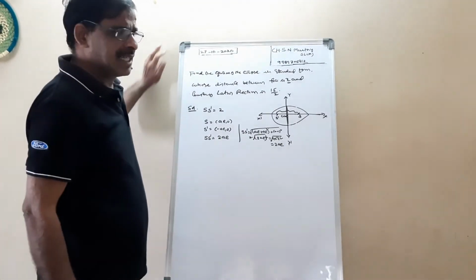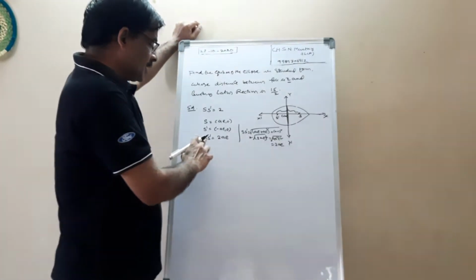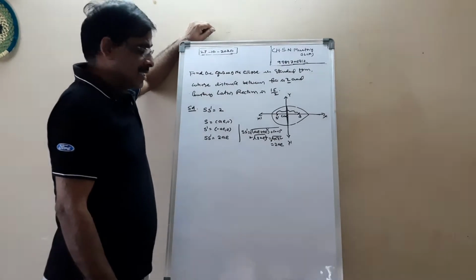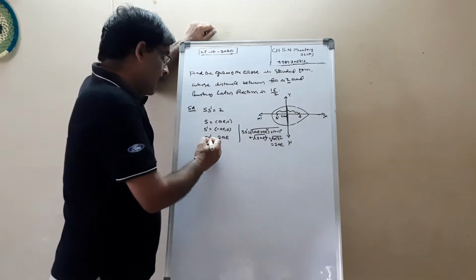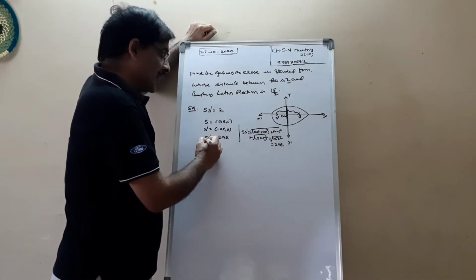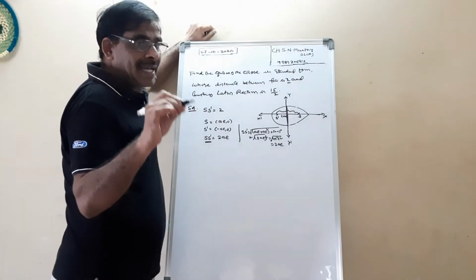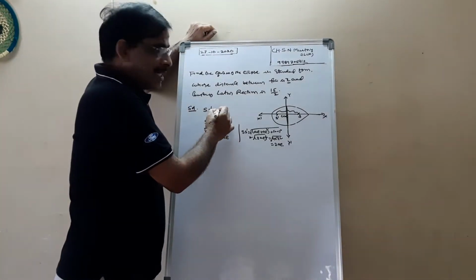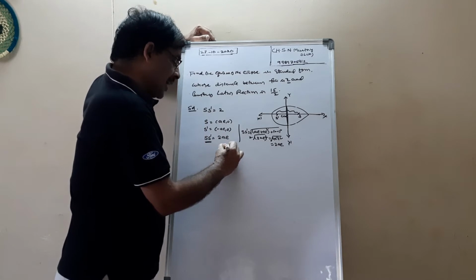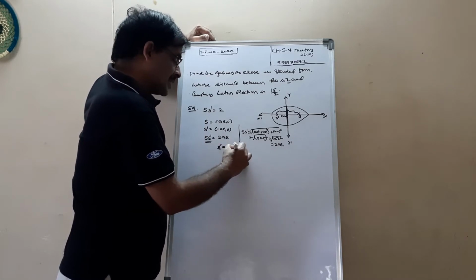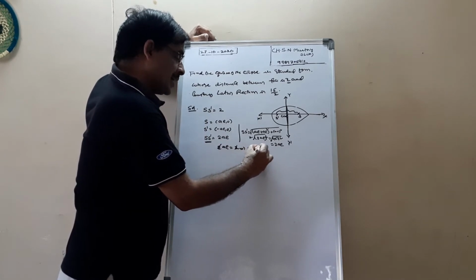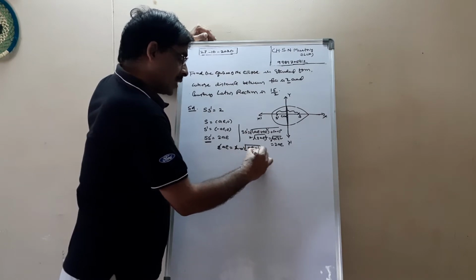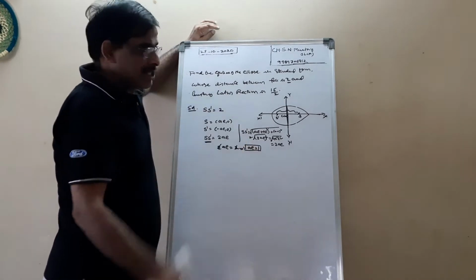You can easily calculate the value. So the distance S S dash equal to 2ae. But the distance S S dash is given to you. It is already 2. So 2ae equal to 2, you cancel this, then ae equal to 1. You keep it aside.